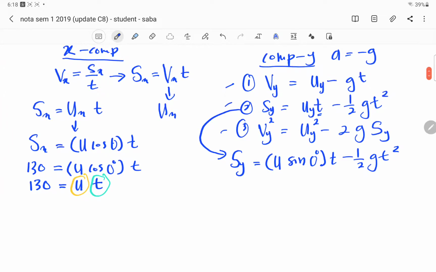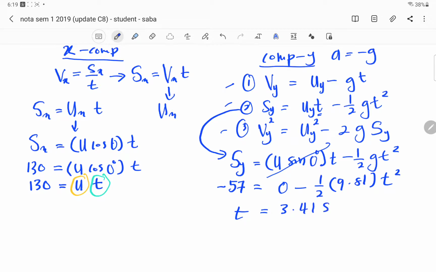Okay. SY is negative 57. U sin 0. Sin 0 is equal to 0. So maknanya nilainya 0 kat sini. Minus 1 over 2 times 9.81 T square. So kita selesaikan equation ni, kita boleh dapat time is equals to 3.41 second.